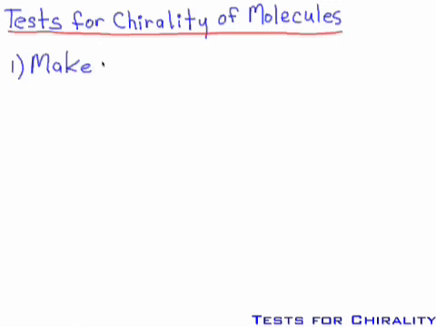Make a model of a molecule, build the model of its mirror image, and then test to see if they're superimposable.